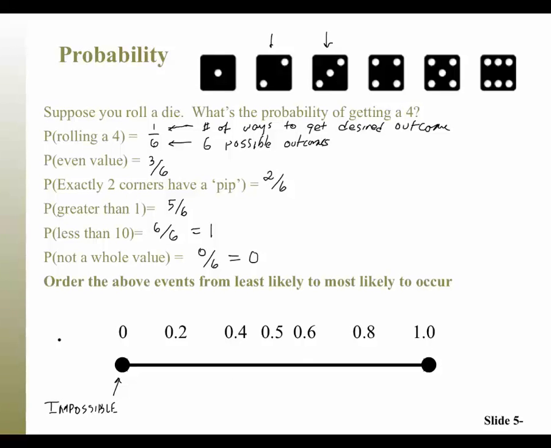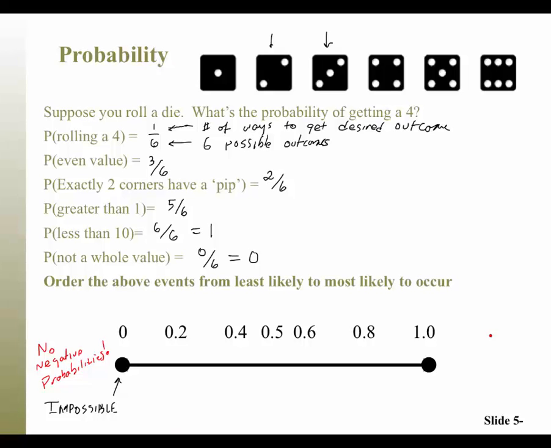And then remember, no negative probabilities. Doesn't make sense. Zero is the worst you can do. You can't do any worse than 0 out of, in this case, 0 out of 6. And that's an impossible situation. It will never happen. Okay?